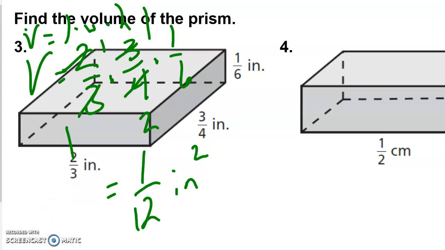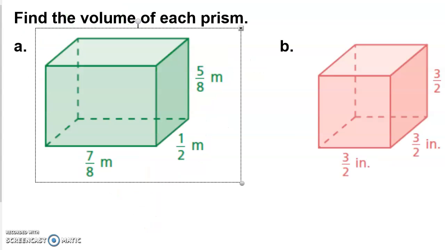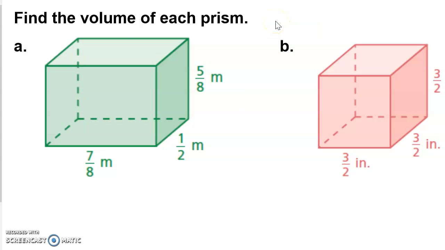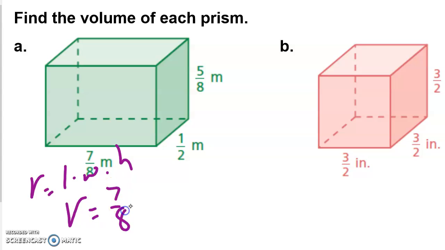Okay. Let's move along. See if we can find anything a little bit more. I could do this. Let's go purple. So how about if we do volume equals length, width, height. Volume equals 7/8 multiplied by half multiplied by 5/8.